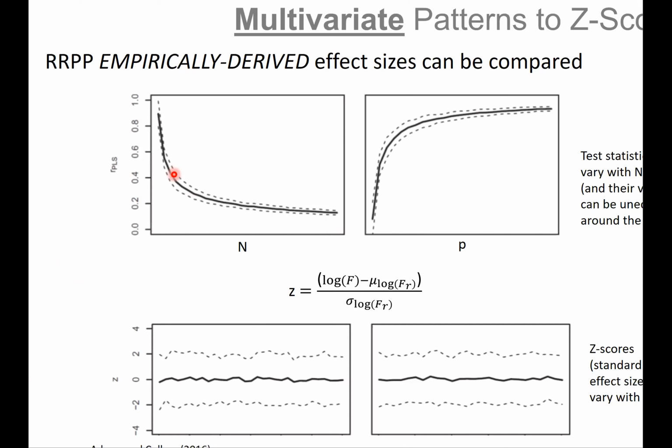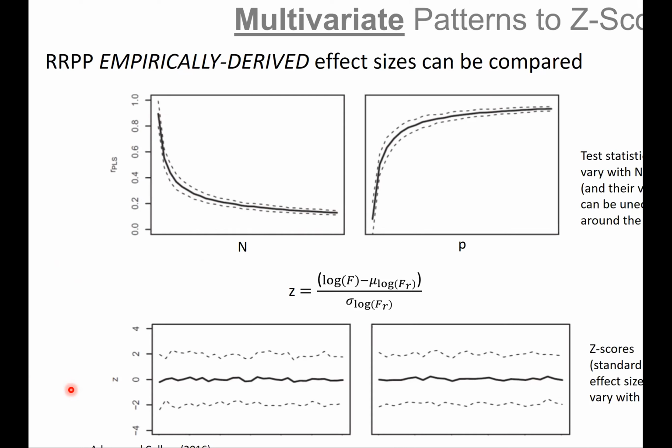And what you see here is that while the actual summary test measure varies with n and with p, the z-scores are robust. They do not. And in fact, the z-scores in these simulations were at 0, which makes sense because I simulated data with random correlations.